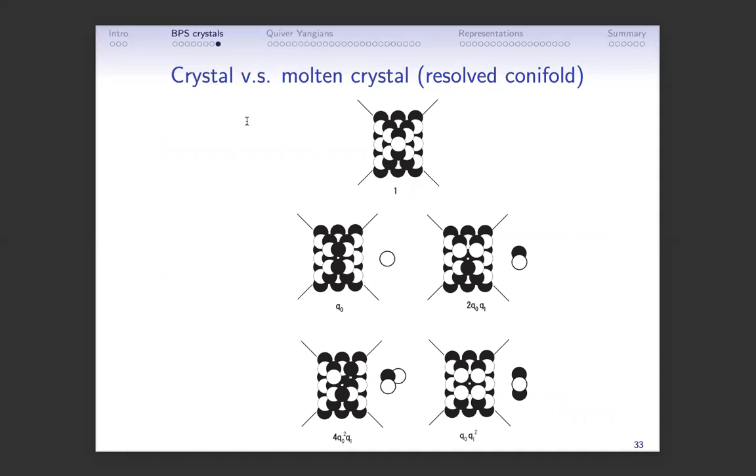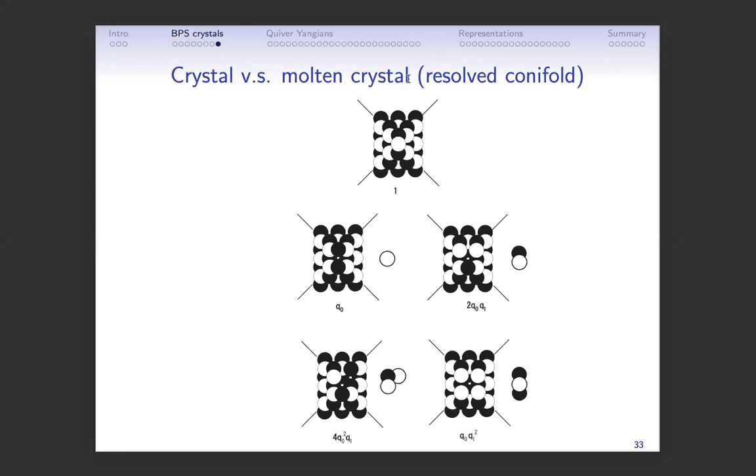Another clarification of the terminology. Usually in the literature, and also in the second part of the talk, when we say crystal, sometimes we mean the full crystal, when we describe the shape, where you just grow this crystal all the way to infinity and get the infinitely large crystal.